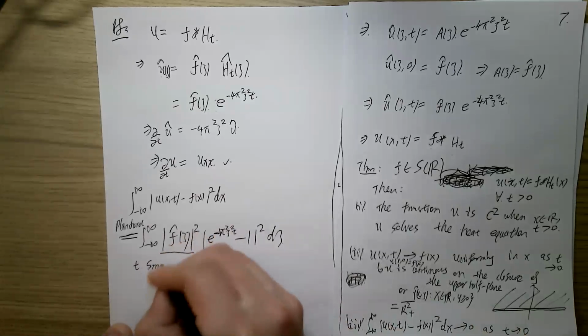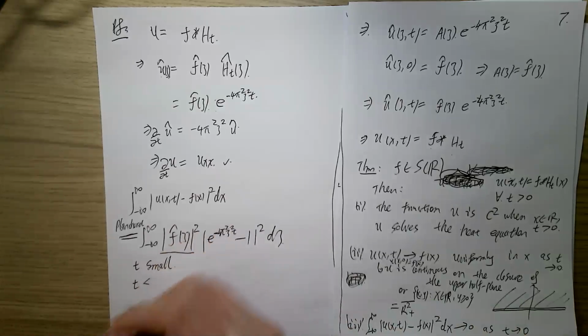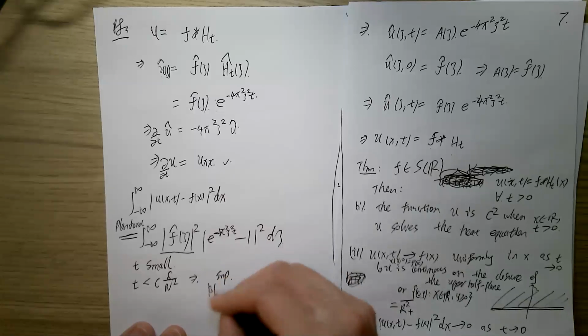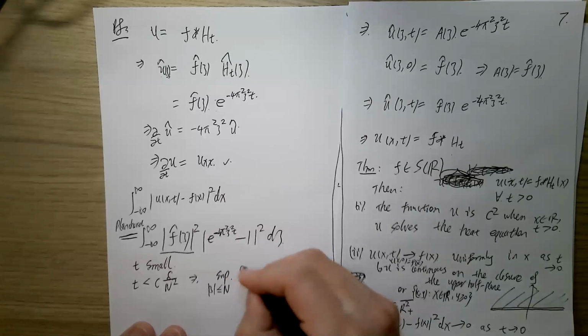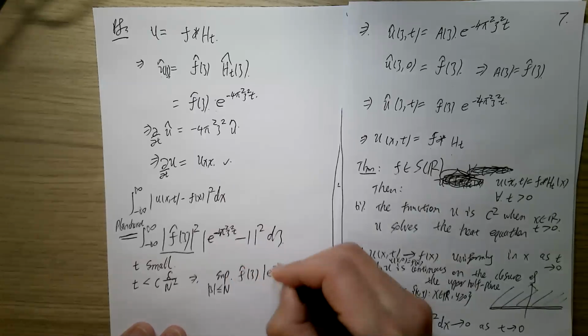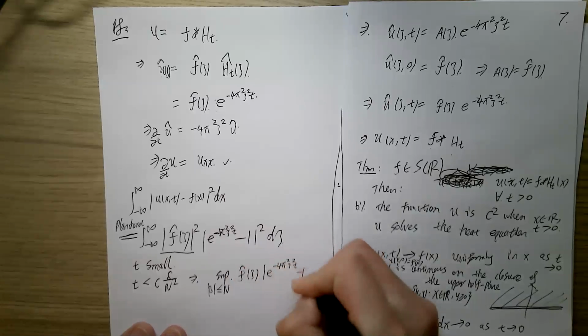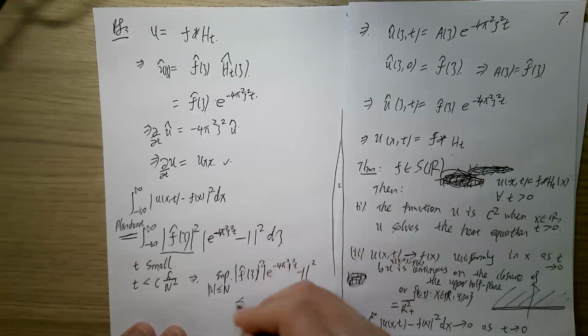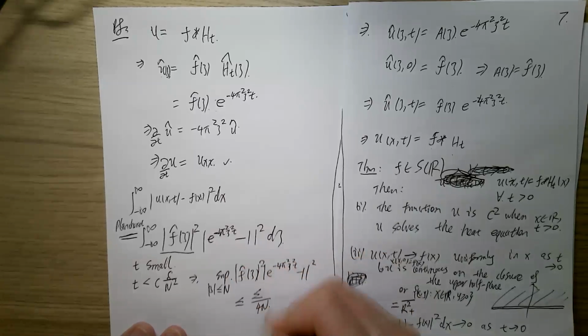So let's choose t to be small, so that t is less than some constant times delta over N squared. This constant might be 100 or 1 million. Then the supremum over |xi| less than or equal to N of |f hat(xi)| times this guy, which is less than or equal to 2, times e to the minus 4 pi squared xi squared t minus 1, is less than or equal to epsilon over 4N.